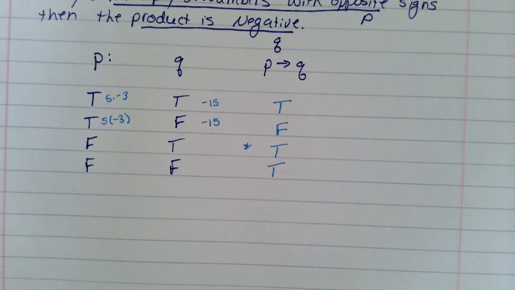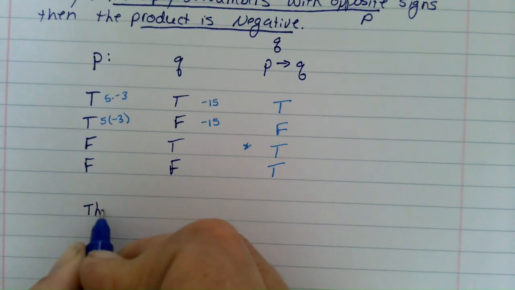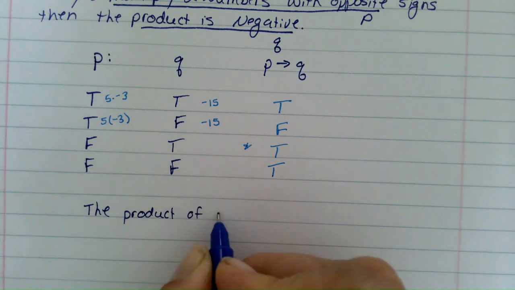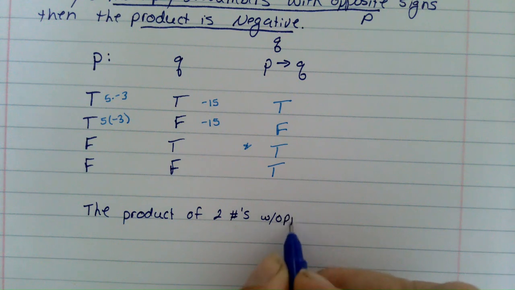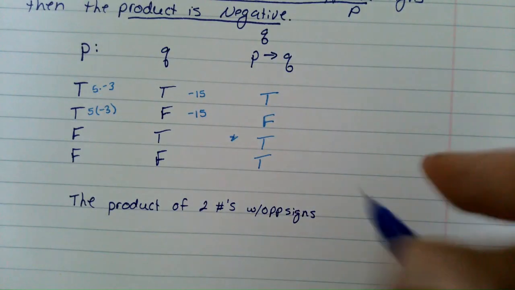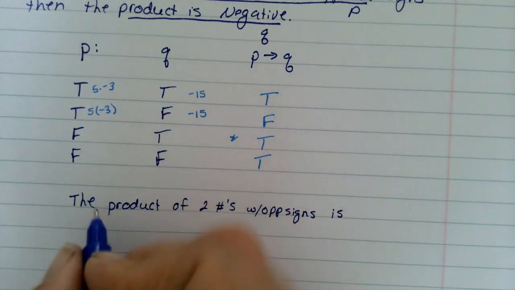However, if I say the product of two numbers with opposite signs, I'm shorthanding so I can save you time there, let me reword that.